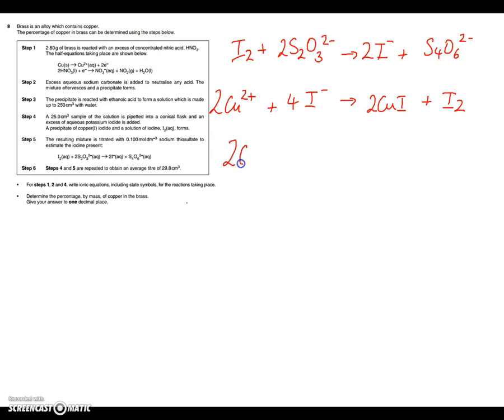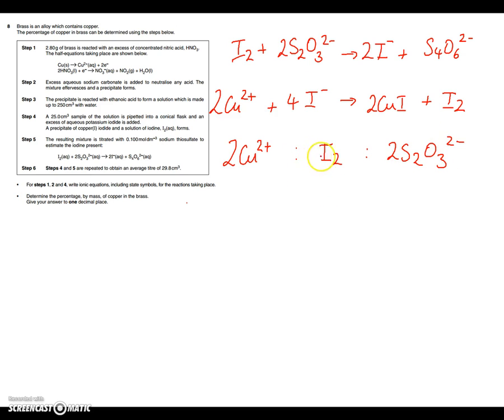So the one we're interested in is our copper 2+, because this is the one that we are trying to work out ultimately. That produces in a 2:1 stoichiometric ratio, 2 copper 2+ ions makes 1 iodine, and then 1 iodine reacts with 2 thiosulfates, S2O3 2-.